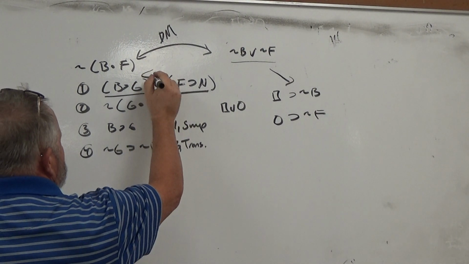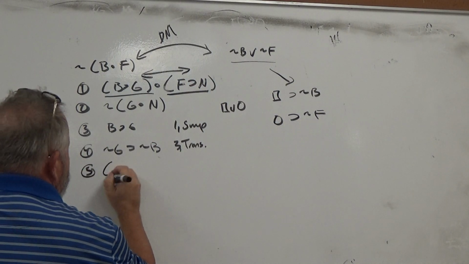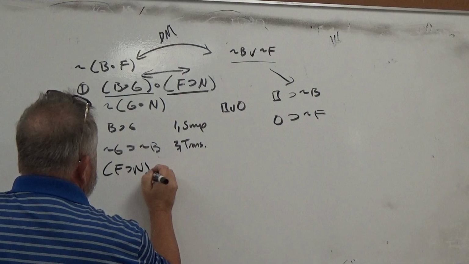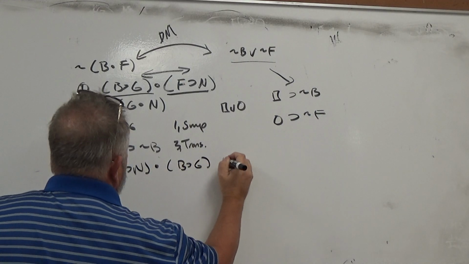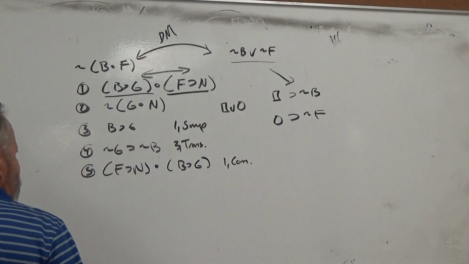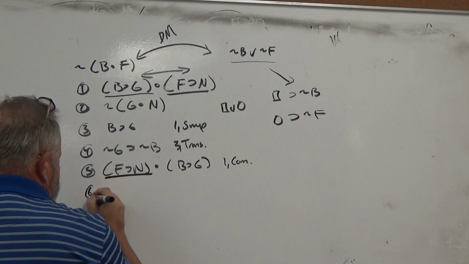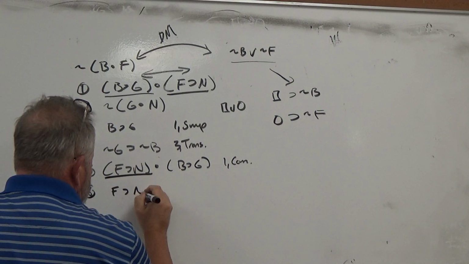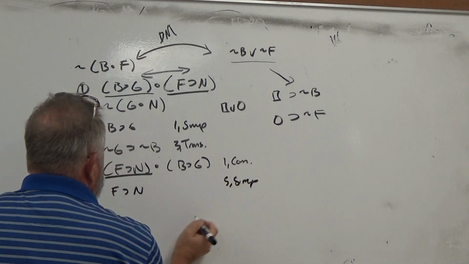So first things first, we need to flip these around. So I get F, then N, and B, then G from 1 by com, okay? Lots of people skip that step. Now I can simplify to this, F, then N from 5 by simplification.